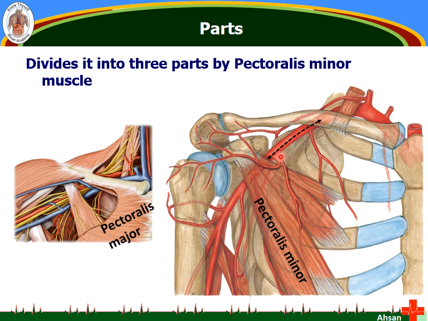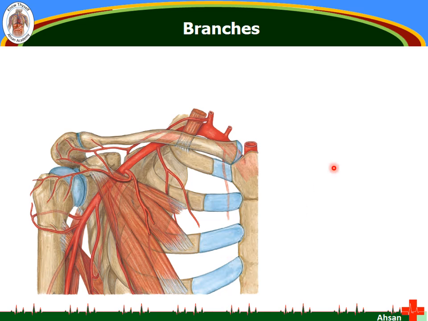So this proximal part is first part of the axillary artery extending between the outer border of the first rib to the upper border of the pectoralis minor, then up to the lower part of the pectoralis minor. This is the second part, and distal to this is the third part of axillary artery up to the lower border of the minor.